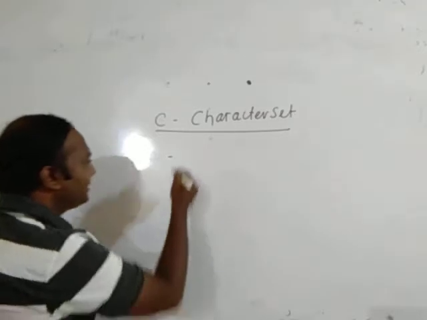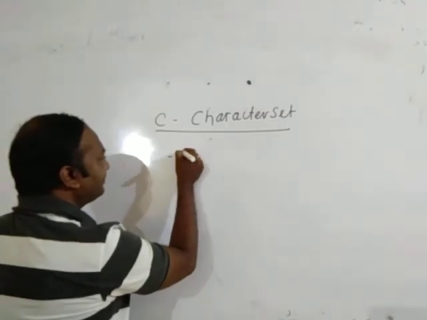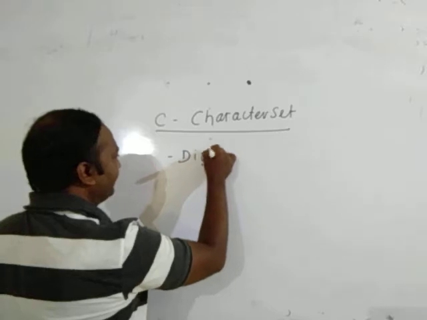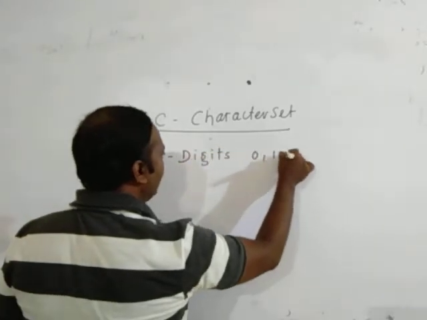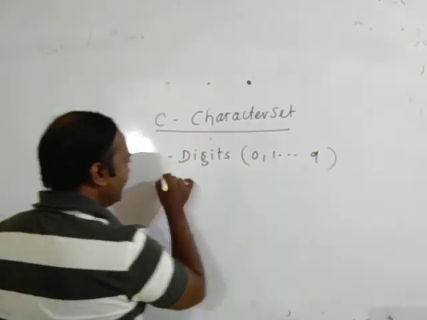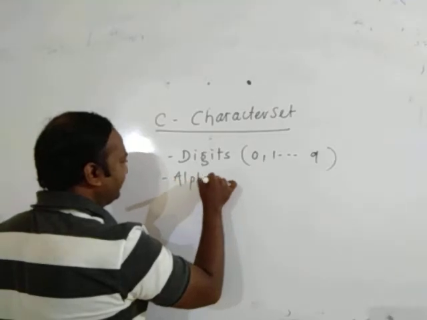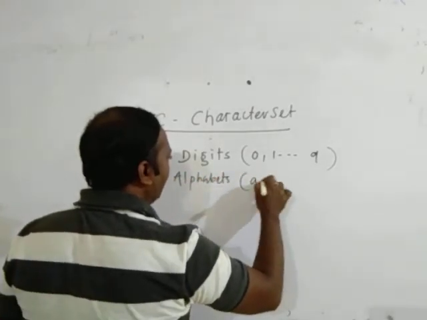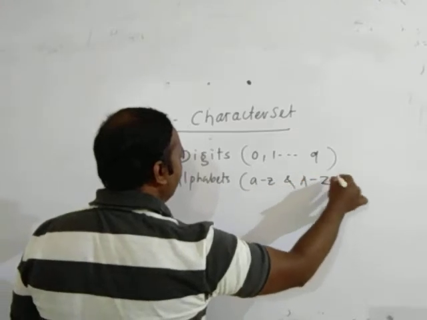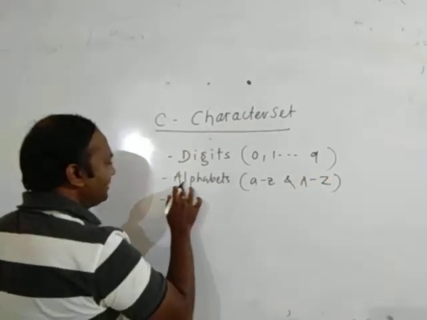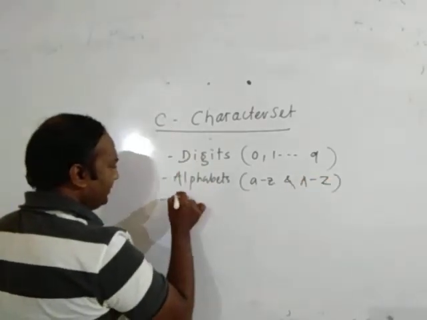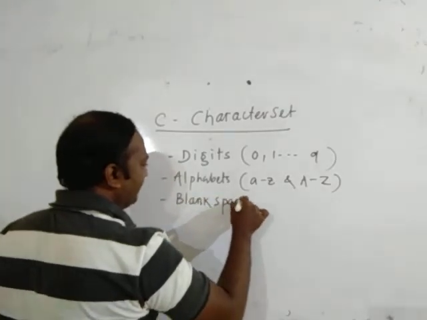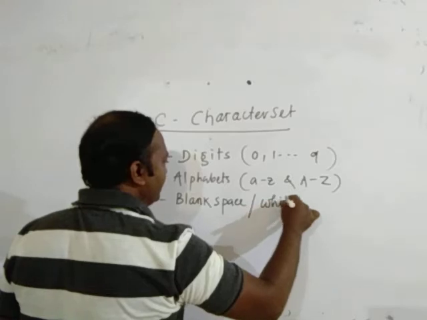The first one is digits, that is 0, 1 up to 9. Second one is alphabets, small a to z and capital A to Z. Third one is blank space, also known as white space.